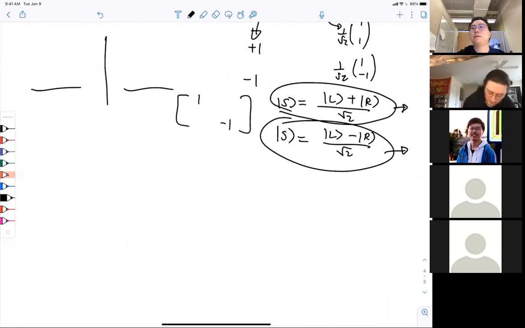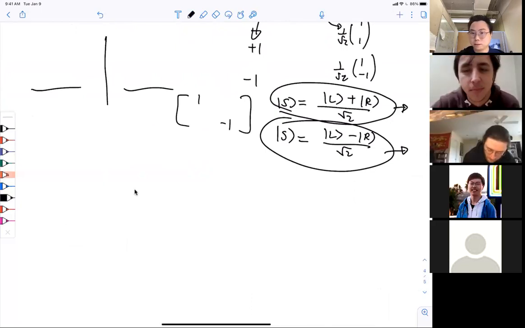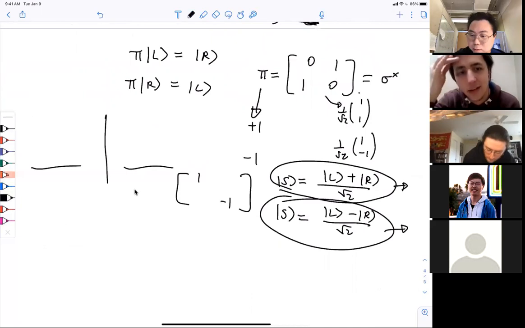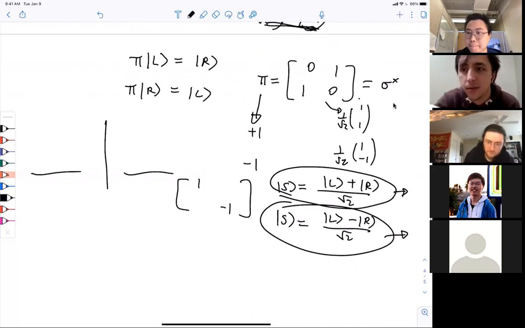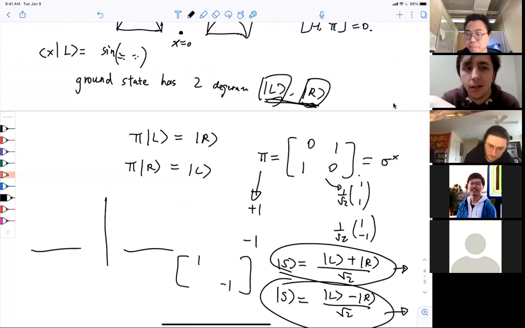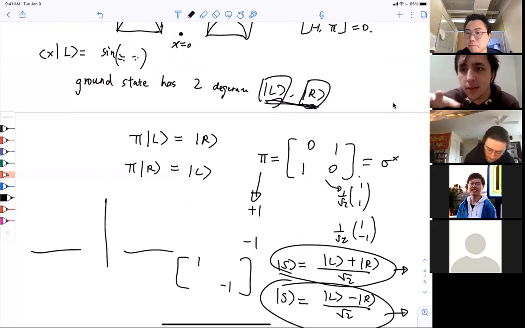So in this sense, there's nothing special about the fact that this is a parity operator, just some operator that commutes with your Hamiltonian, so you can use it to break the degeneracy of the subspace, right? Right.